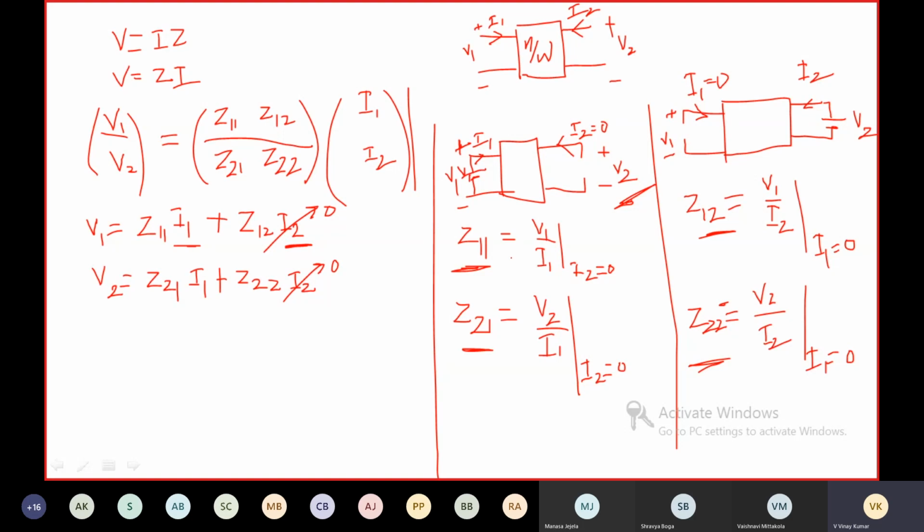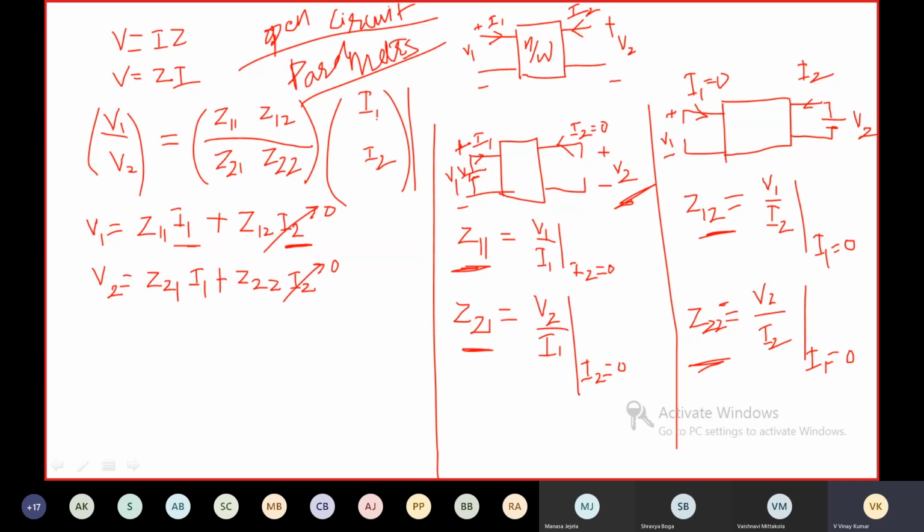That's why these parameters are called open circuit parameters, because they can be obtained by open circuiting either port 1 or port 2.